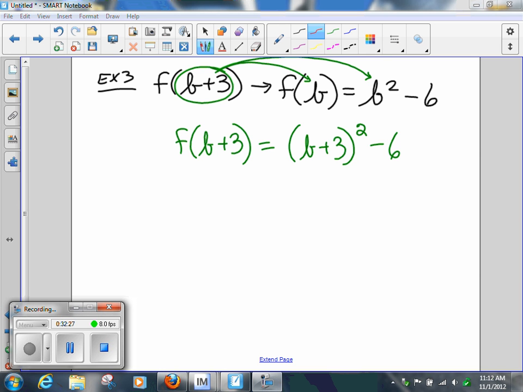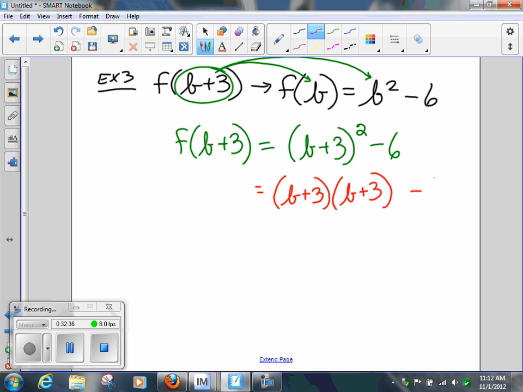So can I take the quantity b plus 3 times the quantity b plus 3 minus 6? Because if I were writing out everything in exponential notation from exponents to standard, don't I write that quantity twice? And of course, if it were a 3 as the exponent, then we would write the quantity 3 times, and that would be cruel of Miss Perry to do that, wouldn't it?